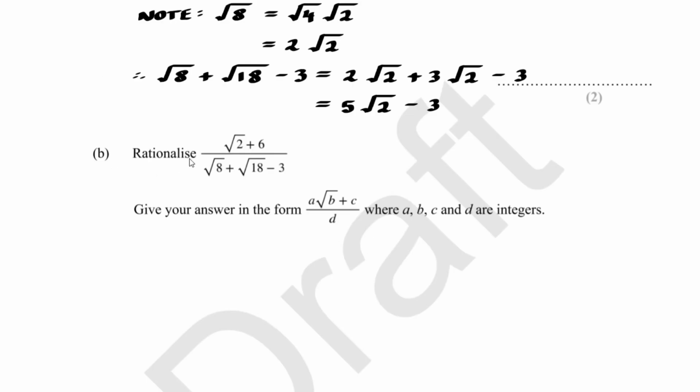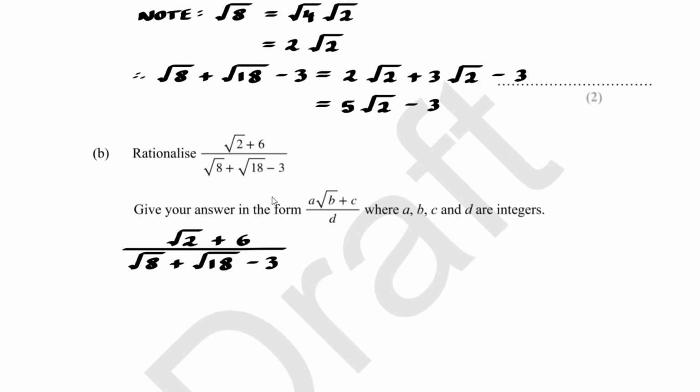Part B. Rationalise (root 2 plus 6) over (root 8 plus root 18 subtract 3). Give your answer in the form a times square root b plus c over d, where a, b, c and d are integers. So, we are required to work this out.